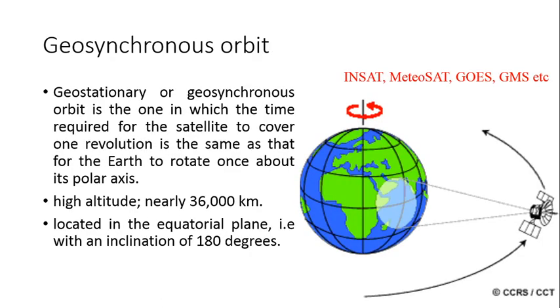Moving to the next portion, let us start by understanding different types of orbits. The first one is the geosynchronous or geostationary orbit. You are quite aware of this orbit. A geostationary or geosynchronous orbit is one in which the time required for the satellite to cover one revolution is the same as that of the Earth to rotate once about its polar axis.